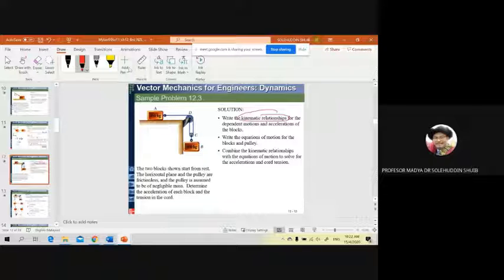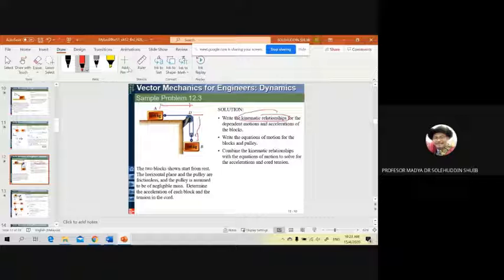You still remember the relationship: the first thing you need to know is the total length, SA and SB. You need to know the length here, and also the length from here to here.